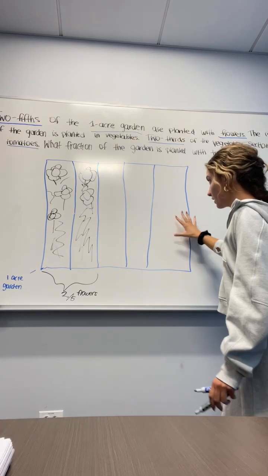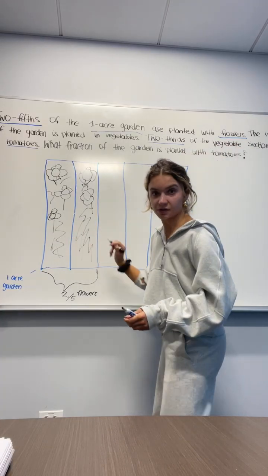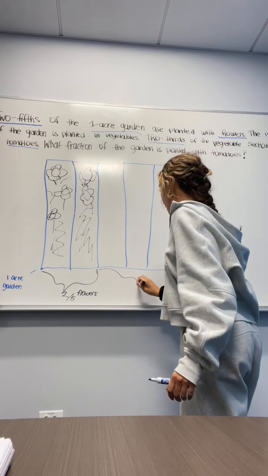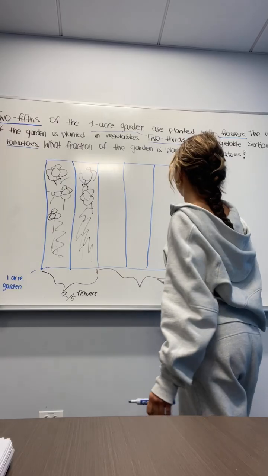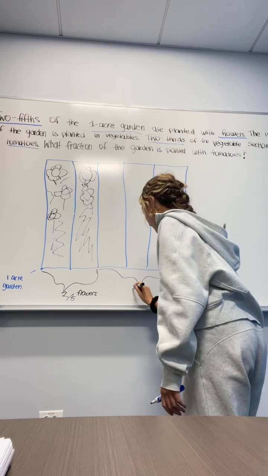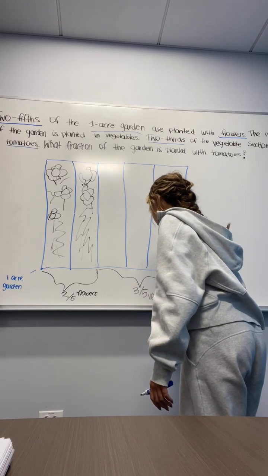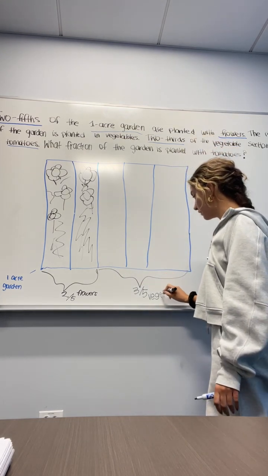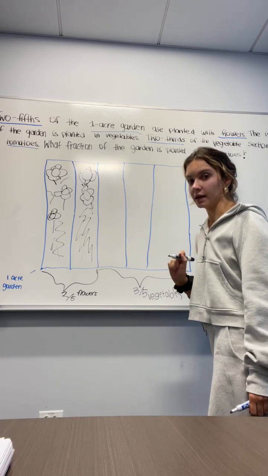So this part is our 2/5 flowers. And this part over here, the rest of it, would be 3/5 vegetables, right? It doesn't tell us that in the problem, but I was able to figure that out.